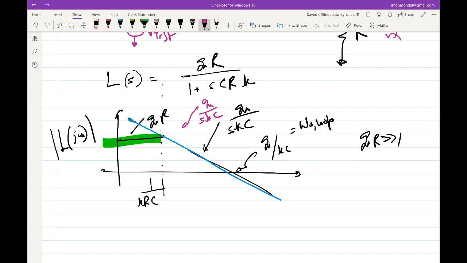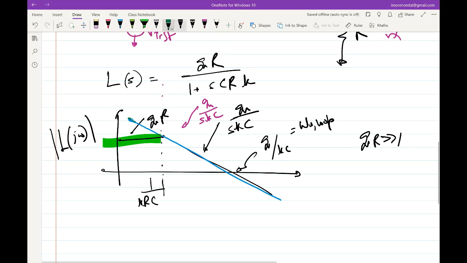Yeah, I want to look at the open loop and interpret the closed loop response. Looking at the open loop response of the loop gain, where can I draw a crude line and say that negative feedback works until this frequency? Before omega u loop, right? Because when does negative feedback work?